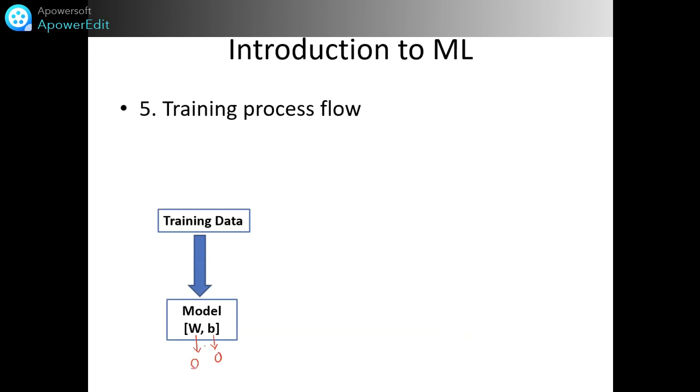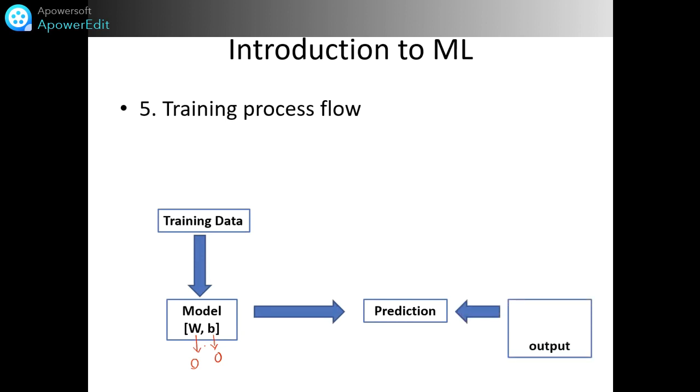Initially the model is empty, not having any learning, and it is new, so initialization is done with 0 values. Now we will get some prediction. Because we give the input to an empty model, we already know we will get a wrong output, but the model is predicting something.